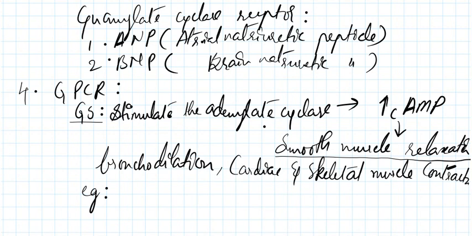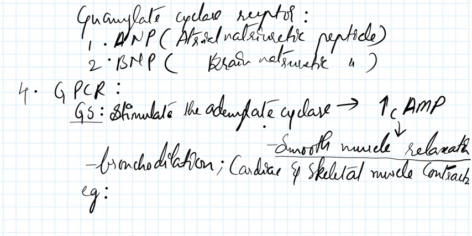All these actions occur if cyclic AMP increases: smooth muscle relaxation occurs, bronchodilation occurs, cardiac and skeletal muscle contractions occur. So if Gs receptors are stimulated, you get all these types of action.